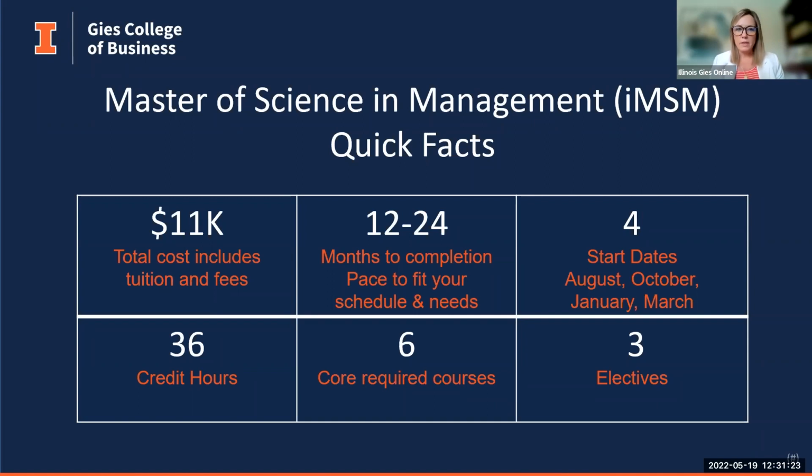The Master's of Science in Management has 4 start dates: August, October, January, and March. You're going to complete 36 credit hours, which is 9 courses. 6 of those are required courses, and then you have the ability to choose 3 electives that are either in a predetermined elective track, or you can choose any 3 electives that we offer.